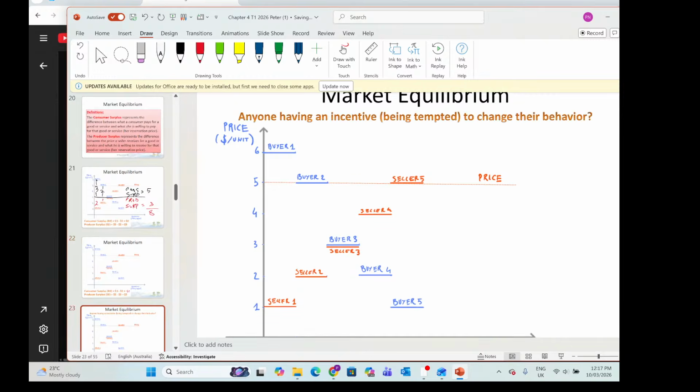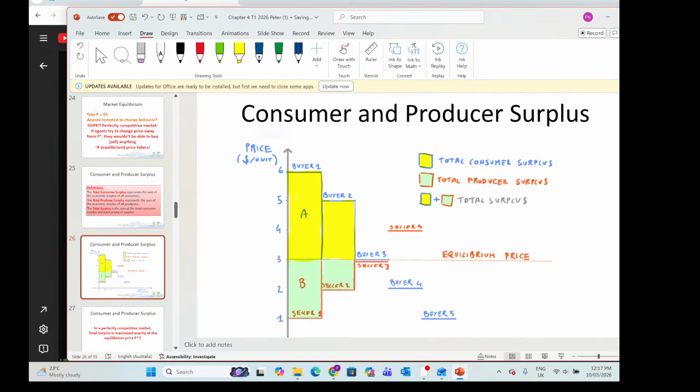I'm going to skip a couple of slides forward here. And what we're going to do here is just colour this in. This might sound like a bit of a baby thing to do, but remember our first consumer had a surplus of 3.